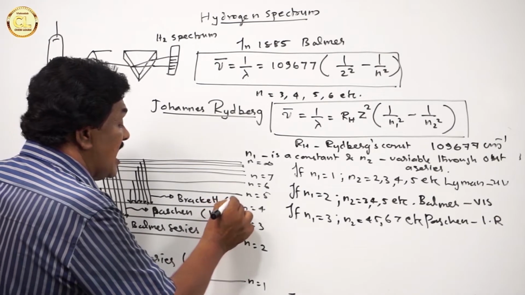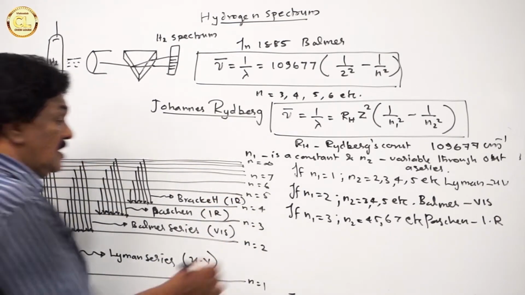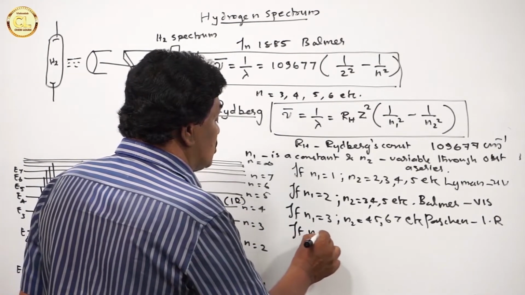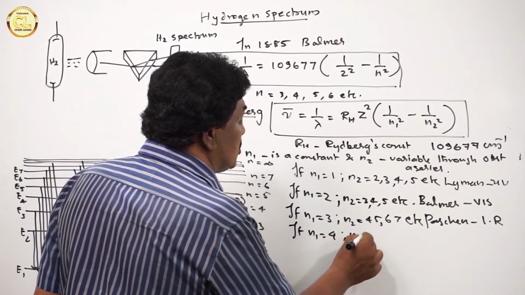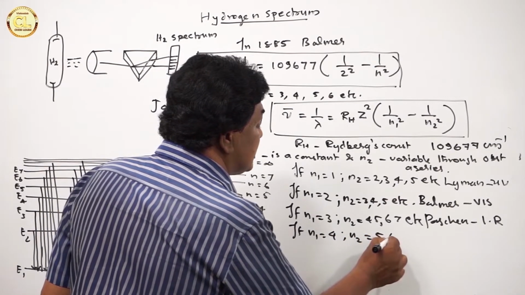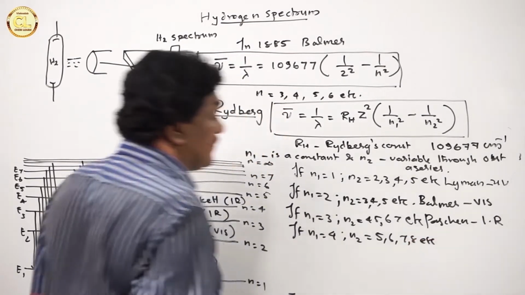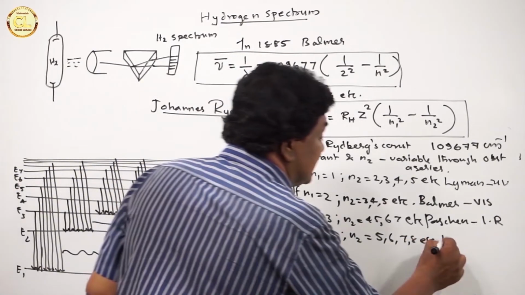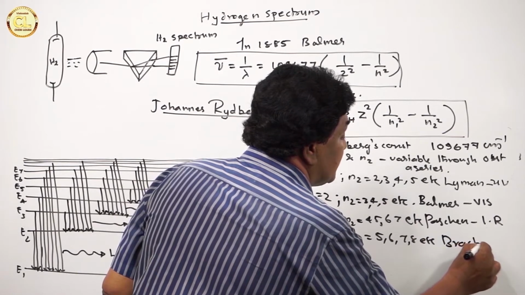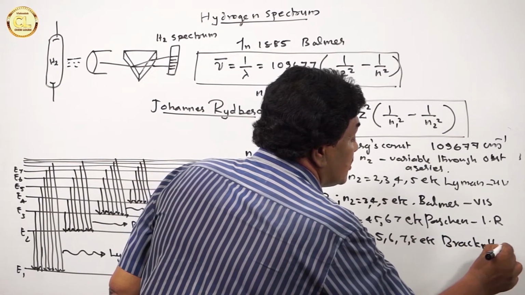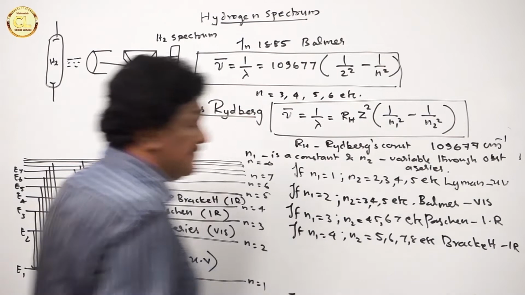It falls in IR region. If N1 equals 4, N2 equals 5, 6, 7, 8, etc., that series is called Brackett series. It falls in IR region.